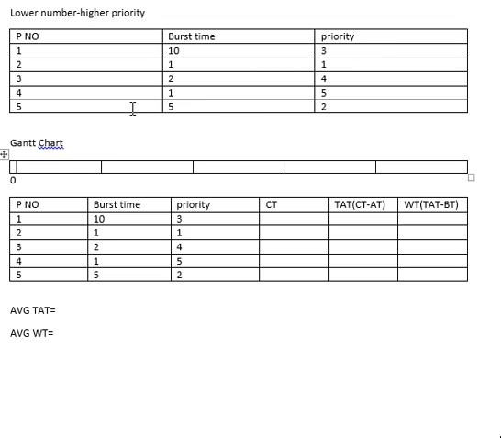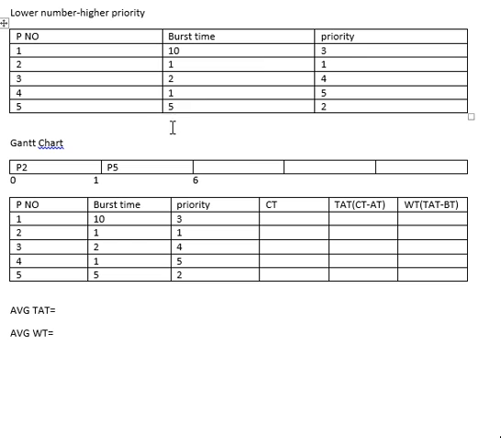So the Gantt chart is starting with 0 again because arrival time is not given, so we are assuming that all of these processes have arrived at time 0. The highest priority is with this, so it is P2. For the P2 process, the burst time is 1, so here it will be just 1. Next is your P5. For P5 the burst time is 5, so this becomes 6.